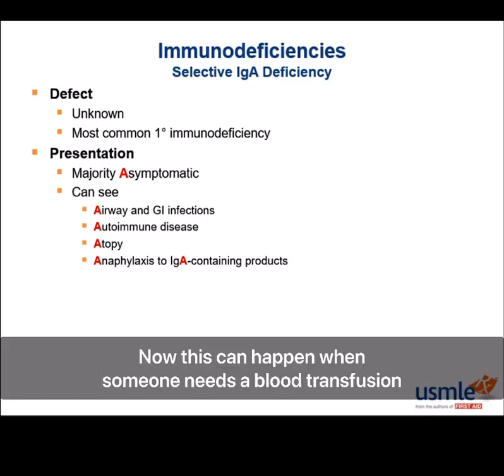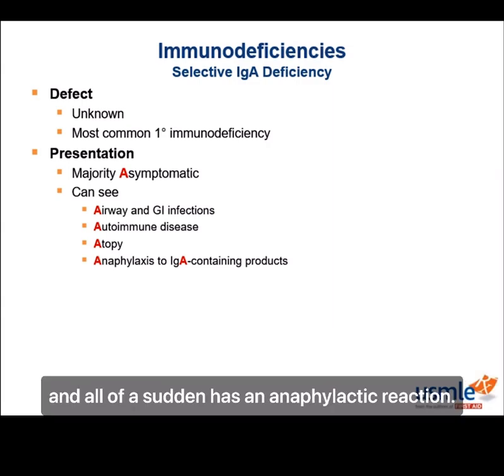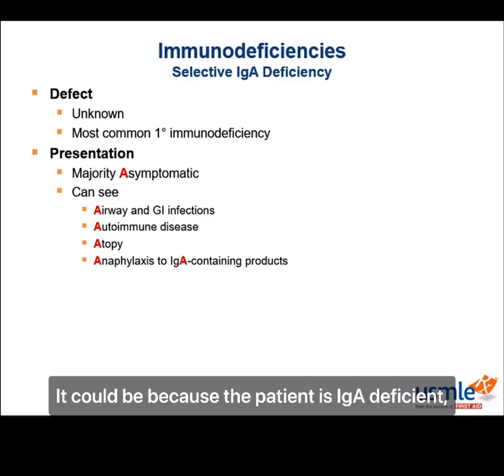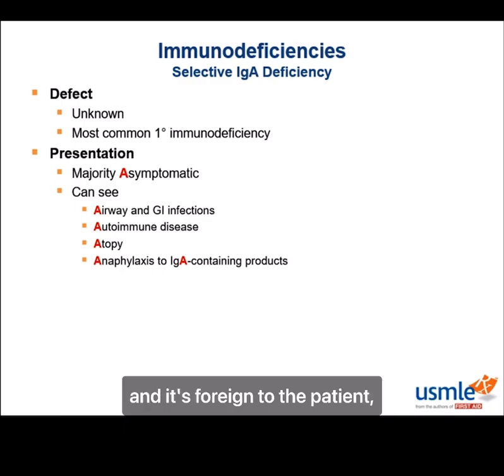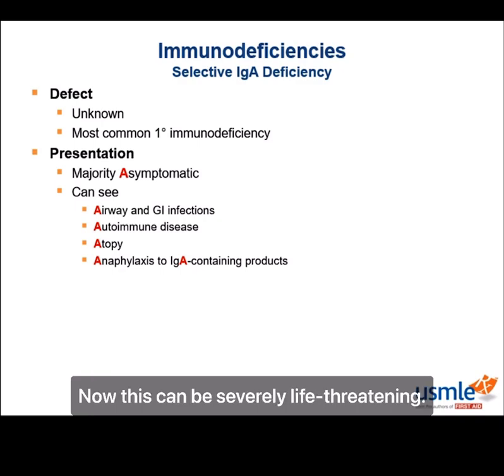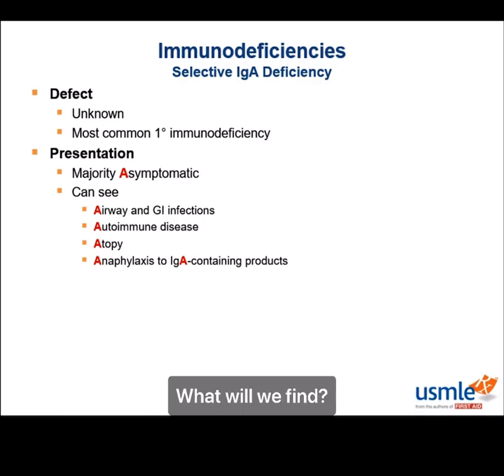Now, this can happen when someone needs a blood transfusion and all of a sudden has an anaphylactic reaction. It could be because the patient is IgA deficient, and since there is IgA in the blood products and it's foreign to the patient, the immune system reacts against it. Now, this can be severely life-threatening. And what will we find?